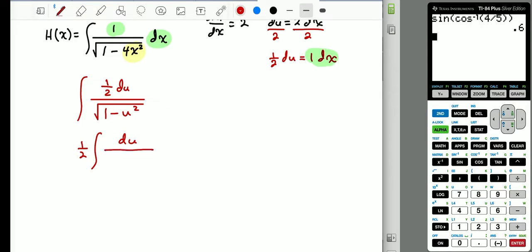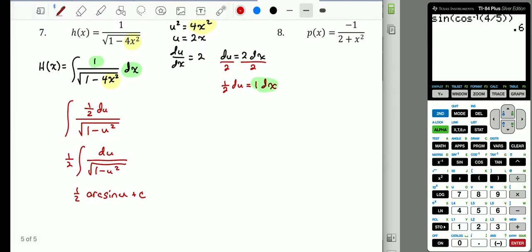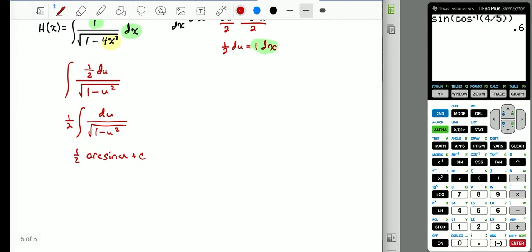Du over the square root of 1 minus u squared, which is the arc sine rule, arc sine of u, plus c, or inverse sine, however you like, where u is 2x. So we are looking at h of x being 1/2 arc sine of 2x, close it up, plus c.